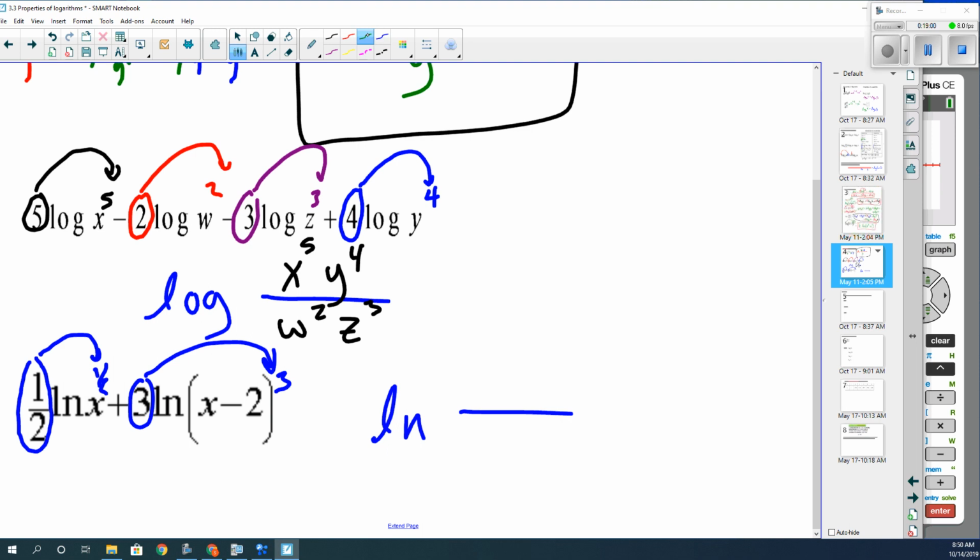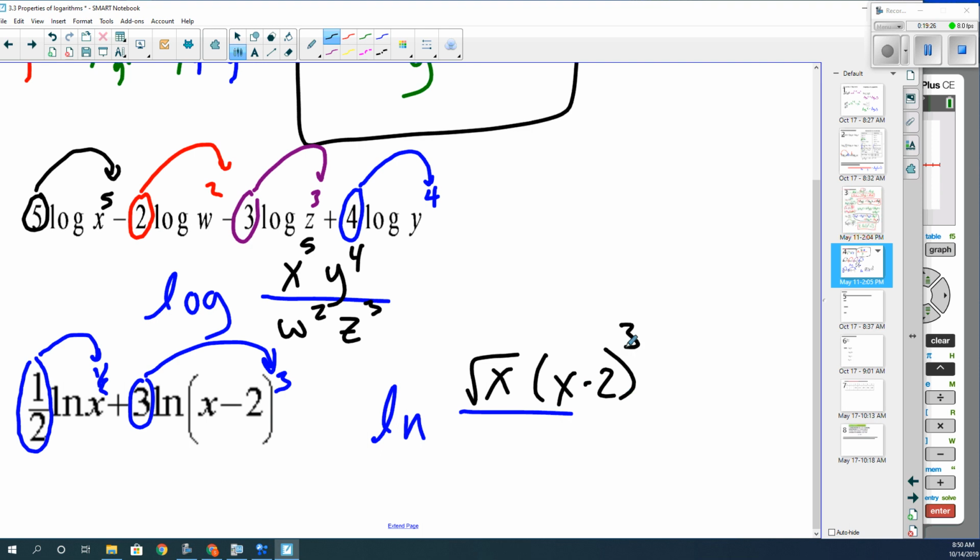So the x came from something that was positive in front of the natural log, so that's going to be the same as it being on the top of the fraction, x to the 1/2, or if you prefer, we could write that as root x. Both of those answers would be correct. And then the x minus 2 to the 3rd power, it's a positive in front of its log, so that means the x minus 2 to the 3rd should be on top.